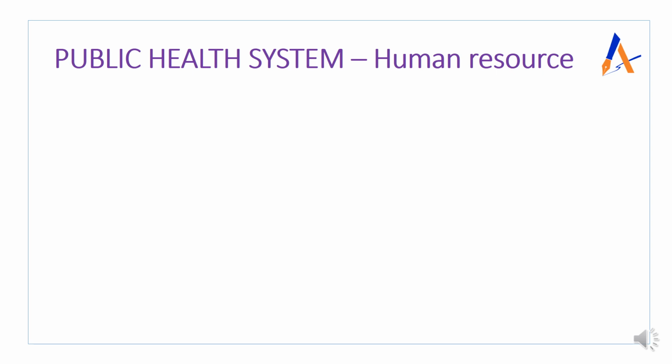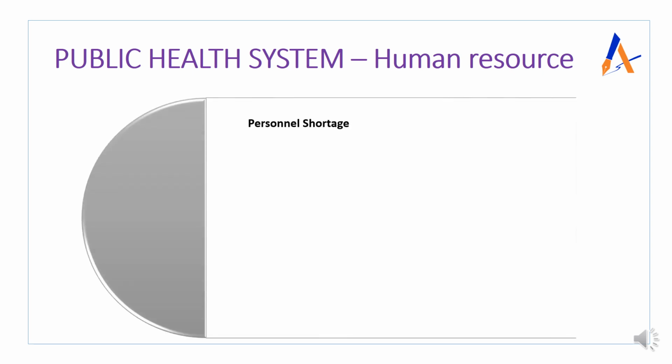The next category of problems which we are going to analyze under the public health system is related to human resource. So the issues are related to personnel shortage. We have already seen on the starting slide itself the doctor to population ratio, which was 1 is to 1613, and the nurse to population ratio was 1 is to 1588. So this was the data which we have already seen.